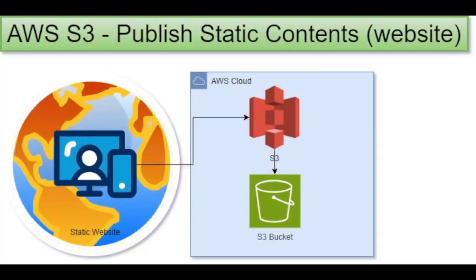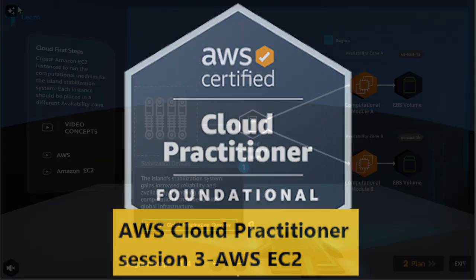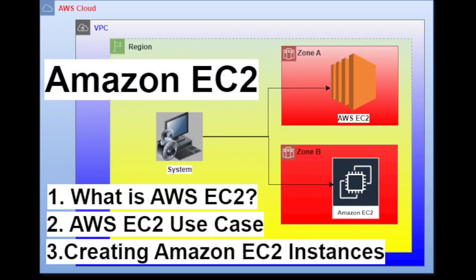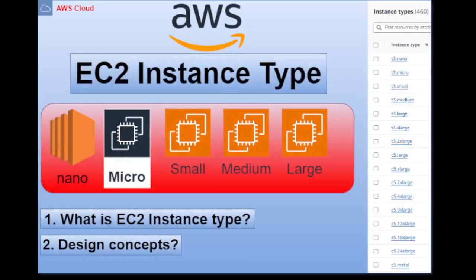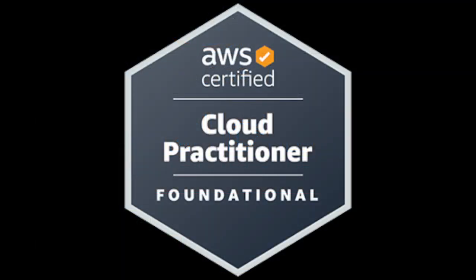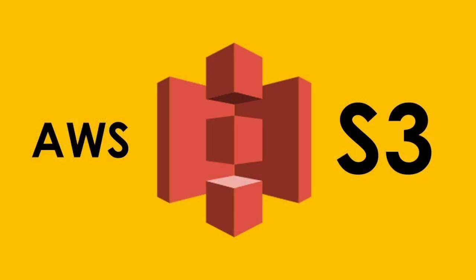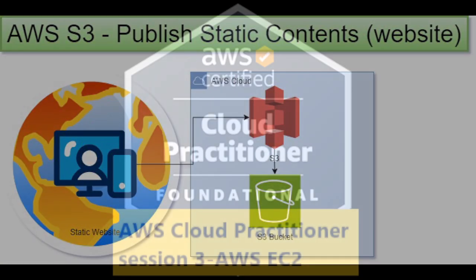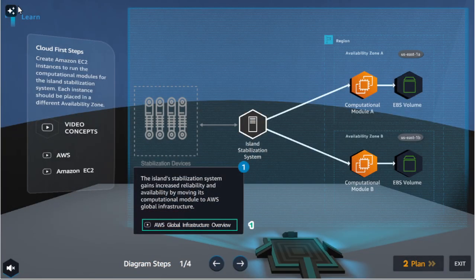Because we cannot deploy our applications, like web application, desktop application, or any other service which needs computation like processors, RAMs, any other storage, which S3 doesn't provide. So that's why we moved on to EC2 instance and learned how EC2 instance works and what it is.